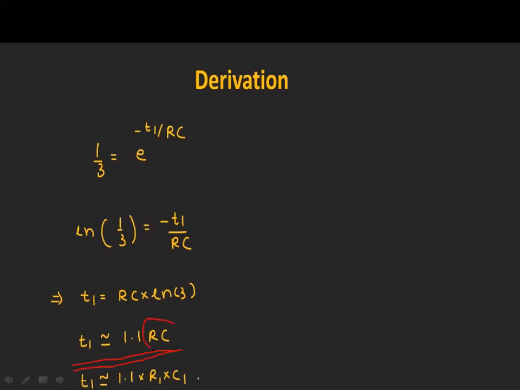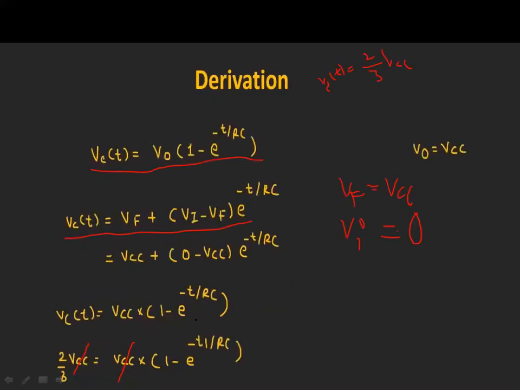We know that the RC value is going to be R1 and C1, where R is equal to R1 and C is equal to C1. So this is how we obtain the time period of the monostable multivibrator.